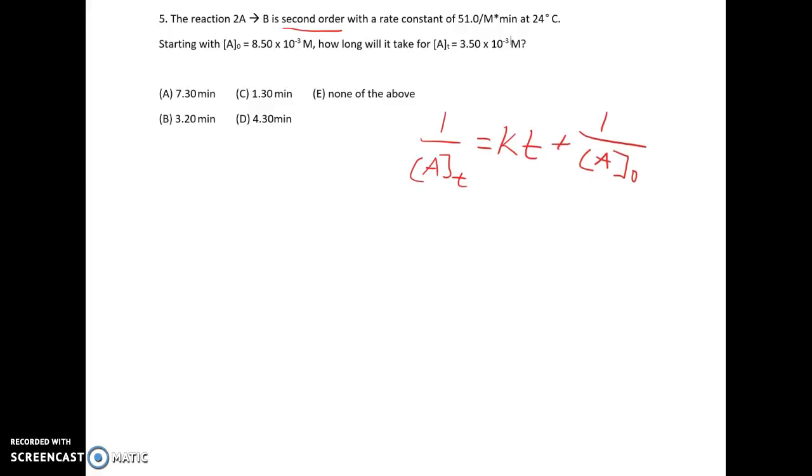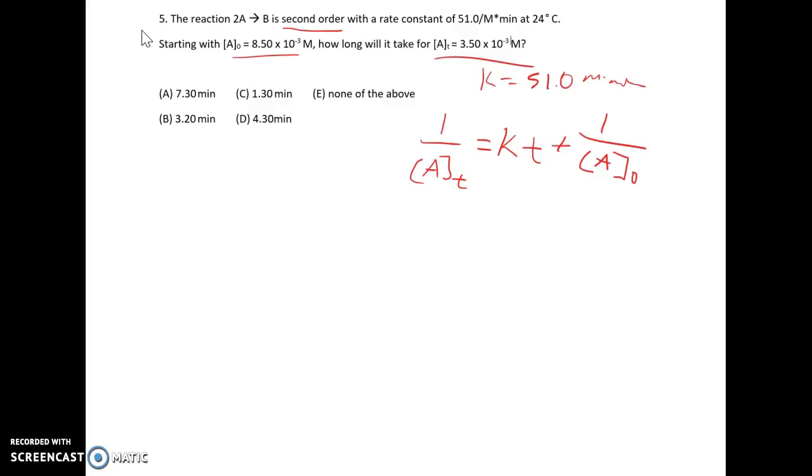And now all we have to do is, with the information that they give us, just plug it all in to solve for T. And so they tell us that our rate constant, our K, is equal to 51.0 per molar per minute.